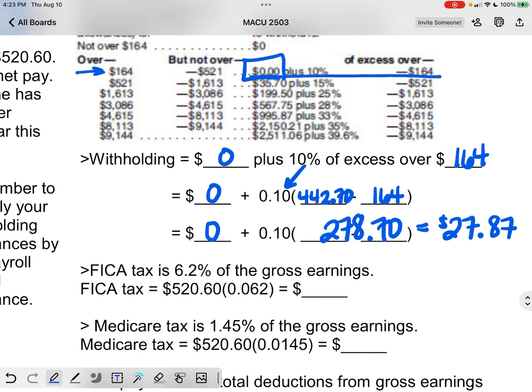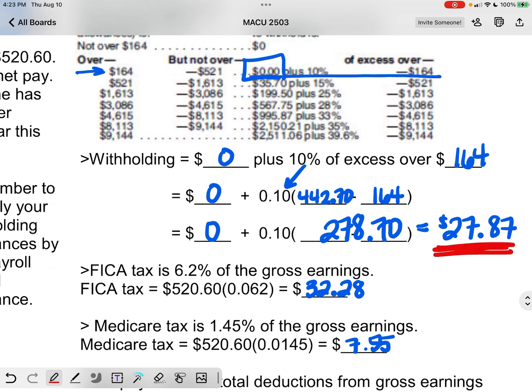Okay, I went ahead and pulled where you were at. You have to go back to the gross pay, because allowances are different for that withholding tax. So for your FICA, go back to the original gross pay. It's always gross multiplied through. This one will put us at $32.28. This one puts us at $7.55.